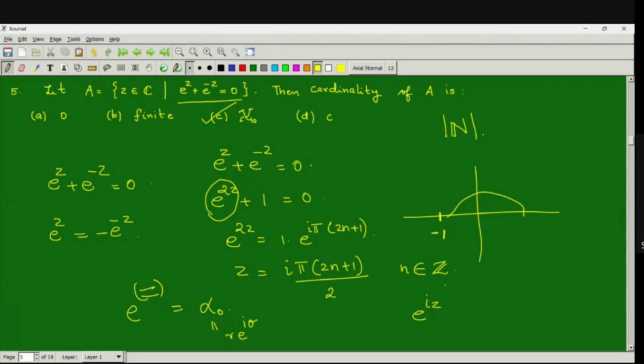Here it is 2 cos iz, and we are asking about the zeros. We are not mugging up the proof, but for the NET exam you have to remember such things. Don't do such calculations.